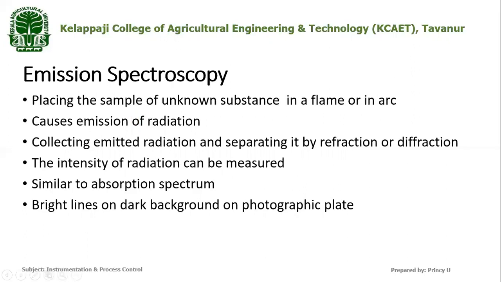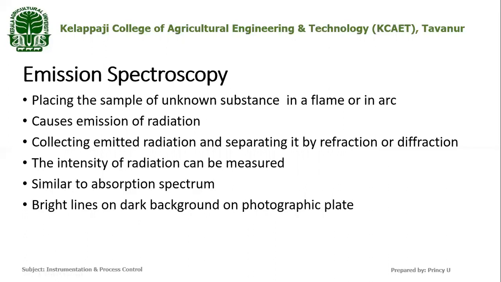Emission spectroscopy is similar to absorption spectroscopy, but here we are placing the sample of unknown substance in a flame or arc. In emission spectroscopy we place our sample in a flame. So if we take a sample and place it in a flame or arc, which causes the emission of radiation due to the increase in temperature.